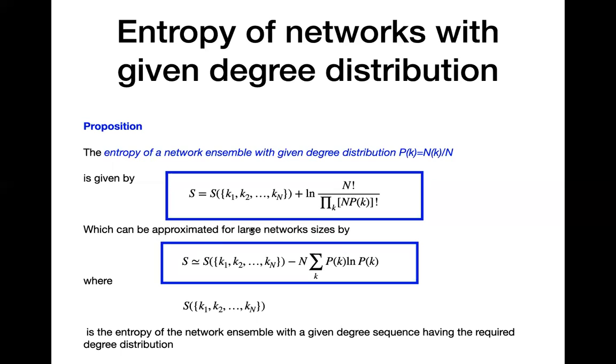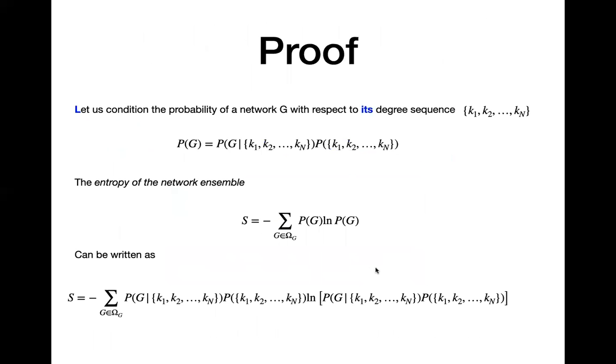For large network size, large N, this entropy can be simplified by this expression, where p_k is the degree distribution of the network. I want to briefly show this derivation.